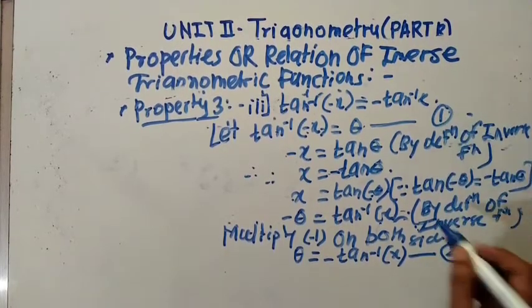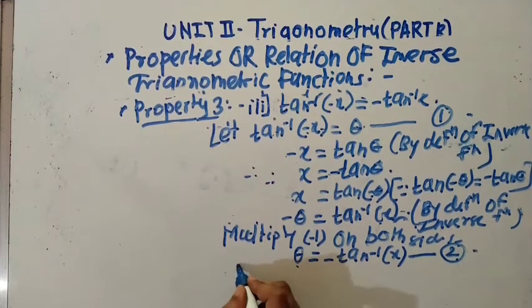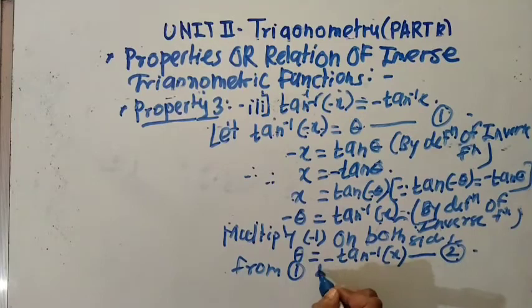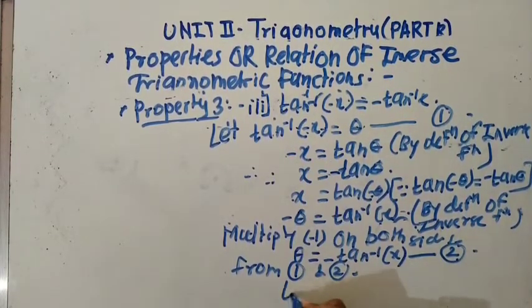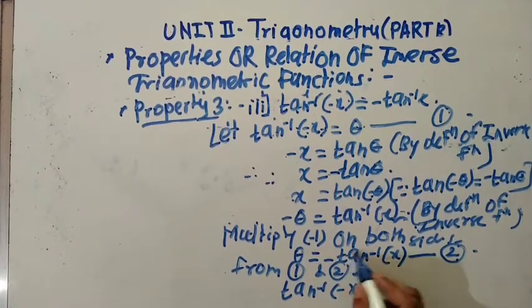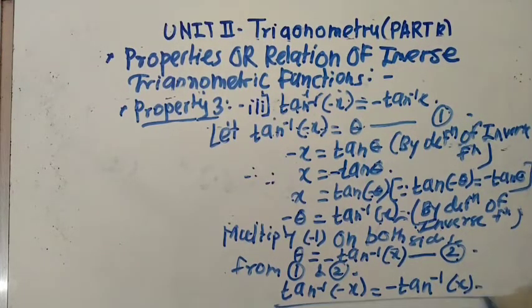And from 1 and 2, theta is the same, so tan inverse of minus x is equal to minus tan inverse of x. This third property is proved.